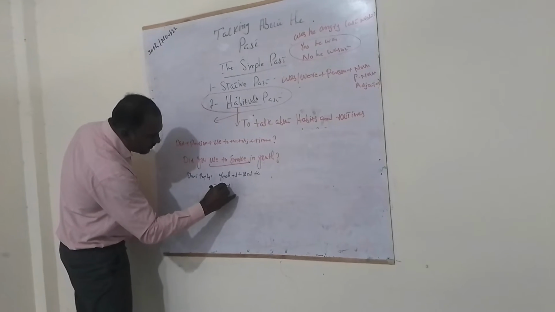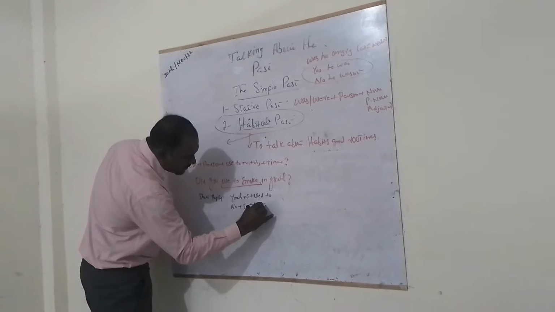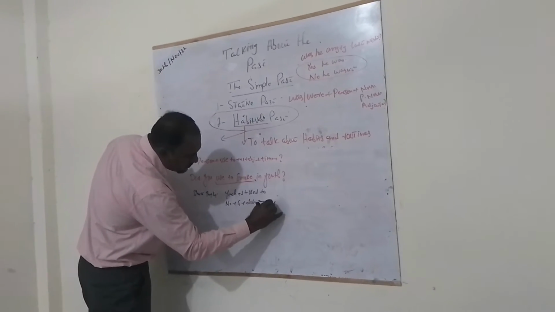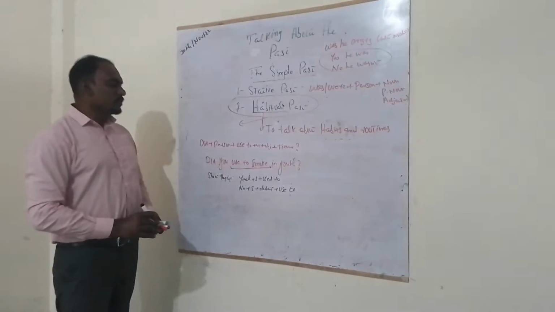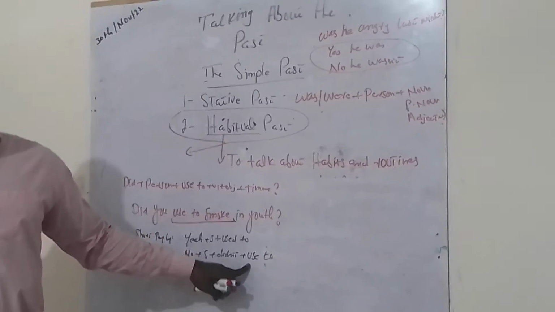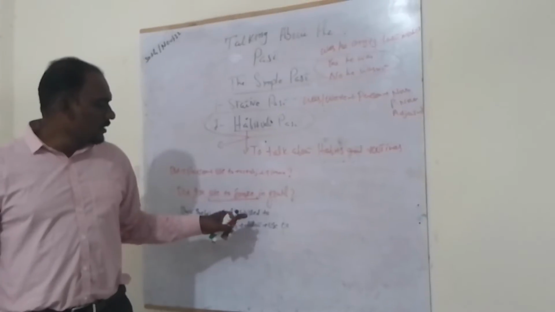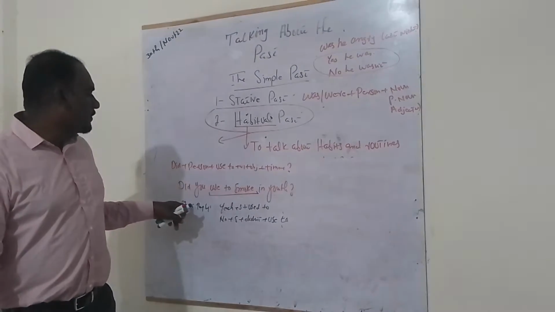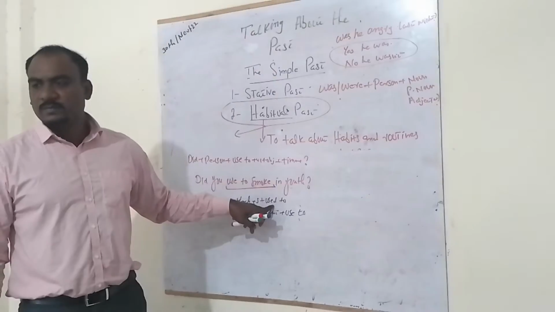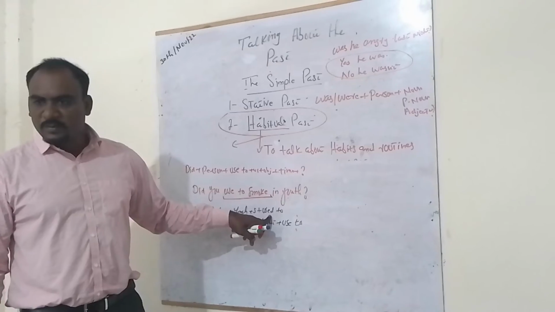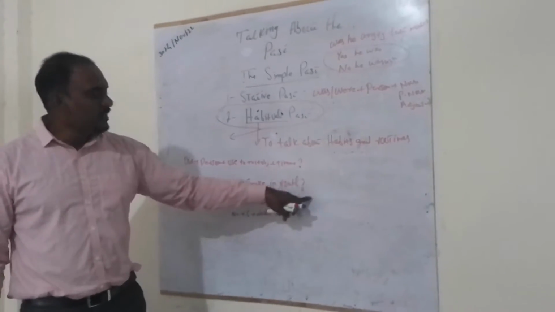Negative: no plus subject plus didn't plus used to. When you use did or did not, it's used to, and when you speak positively, you say used to. Any problem? Yes, I used to smoke in youth.